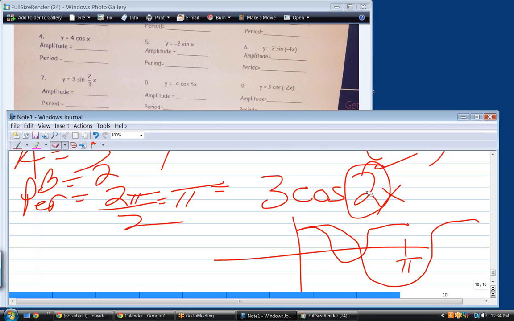So the effect of this 2, a number greater than 1, is a horizontal scrunch. The effect of this 3, a number greater than 1, is a vertical stretch. They have opposite effects.